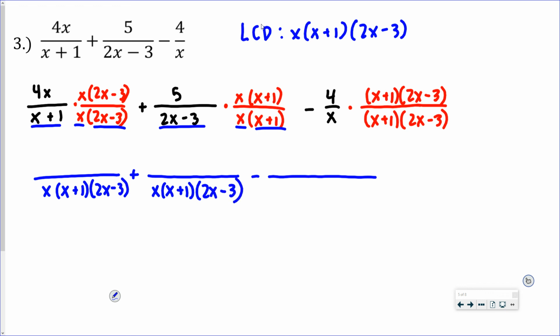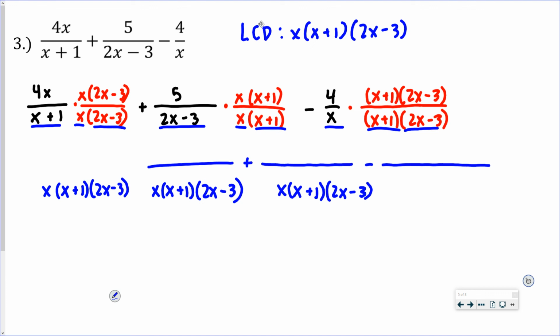Check. Third one, x times x plus 1 times 2x minus 3. Check. Okay, we're good. I can now see all my denominators are the same. Now we actually have to multiply with the numerators.